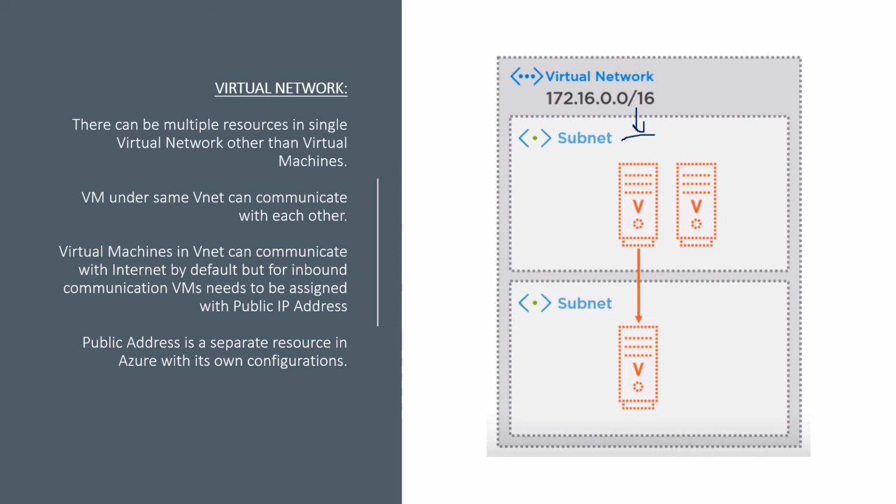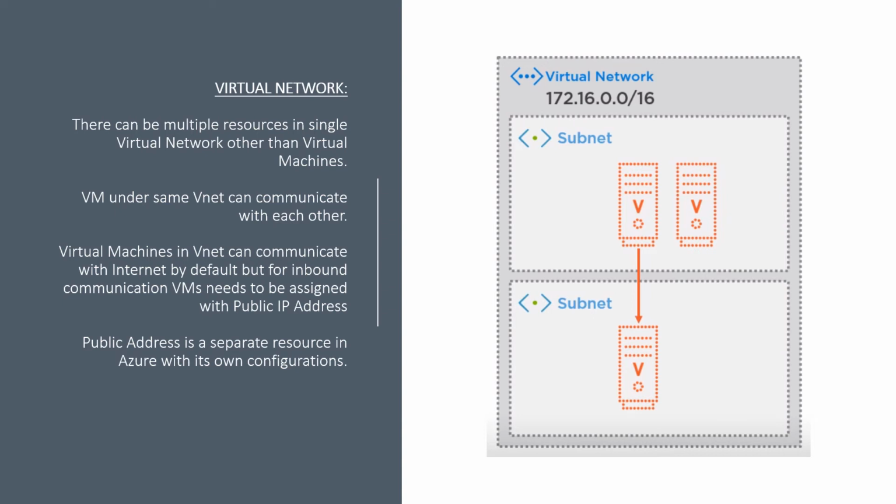A virtual machine can communicate with the internet by default, but for inbound communication, the VM needs to be assigned a public IP address. Until we assign a public IP to any of the VMs, they wouldn't be able to take any inward traffic.